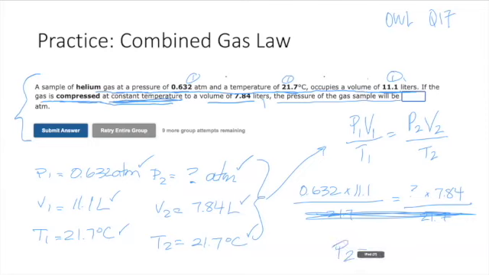So P2 equals 0.8947 and some other digits atmospheres. We're going to be rounding this to 3 sig figs because all of our given quantities were in 3 sig figs. So it's going to be 0.895 atmospheres.